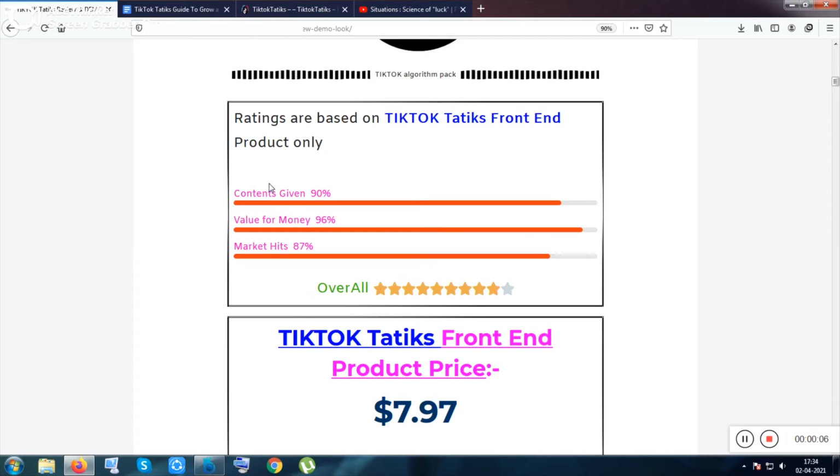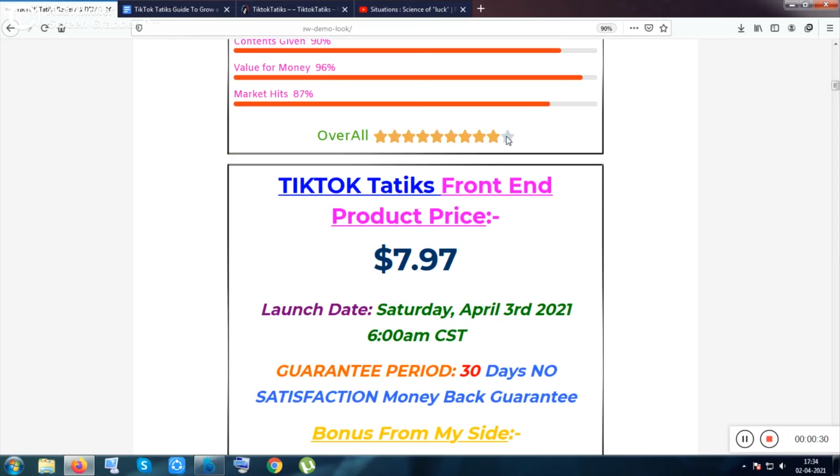It seems to me that the real, detailed knowledge is given inside a book or ebook, and videos are the gist or summarization of the book. I really believe it. Value for money is 96, because this is a very cheap tool and the knowledge is really valuable. Market hits is 87, and overall it has got 9 out of 10, which is a good rating.